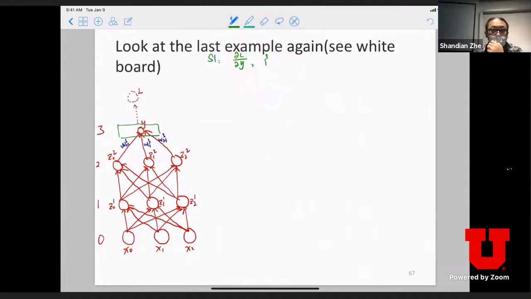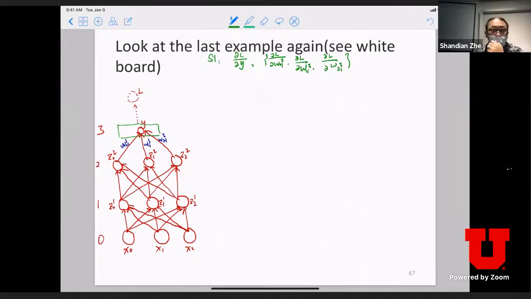We're going to compute the partial derivative of the loss with respect to all the edge weights pointing to the neurons in the output layer, which is partial L over partial W013, partial L over partial W113, partial L over partial W213. Okay, this is our task in the first step.